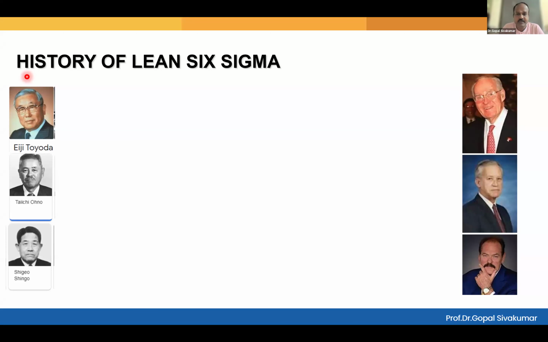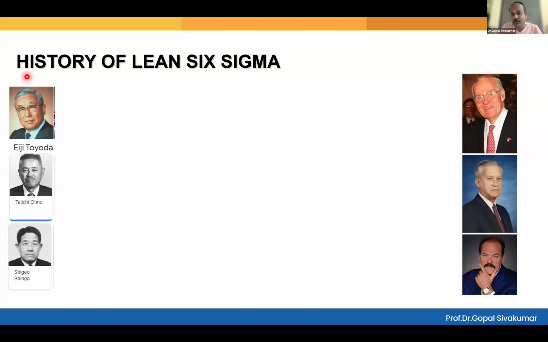In fact, originally the Japanese learned a lot of things about the quality principles and quality tools and techniques from the American quality gurus like Edward Deming and Walter Shewhart. And all these quality gurus actually helped Japan, because Japan was hit badly in the World War, you all know, isn't it? And so they had to learn many, many things from the best in class companies, particularly Ford.